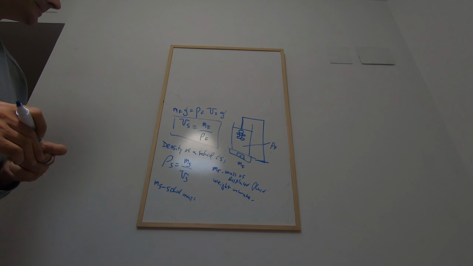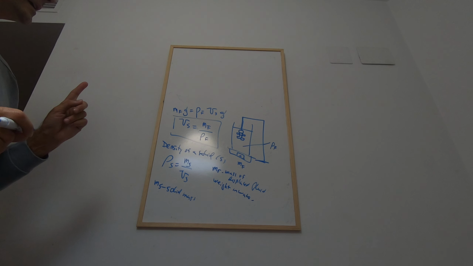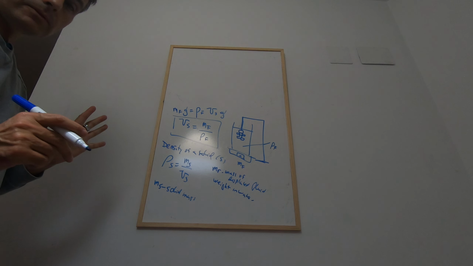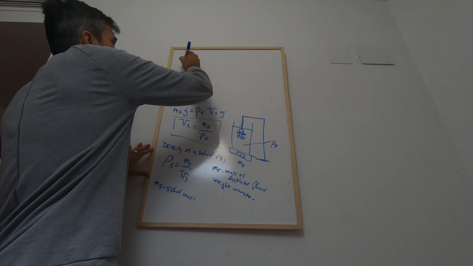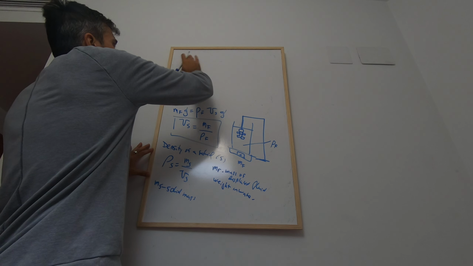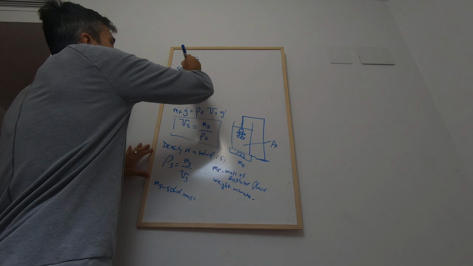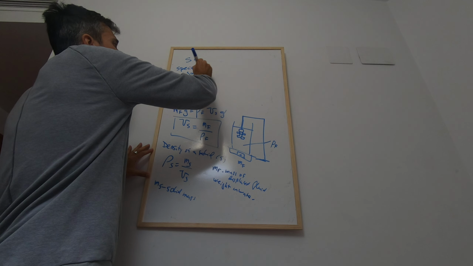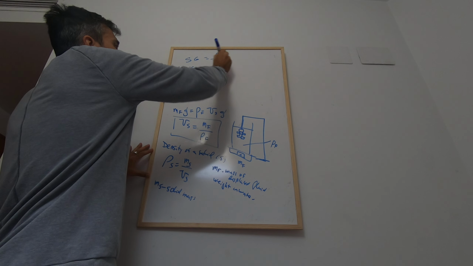So, let's see if I remember. Okay. So the basic quantity in quality control is specific gravity. Specific gravity is the ratio of the density of the solid divided by the density of the fluid.